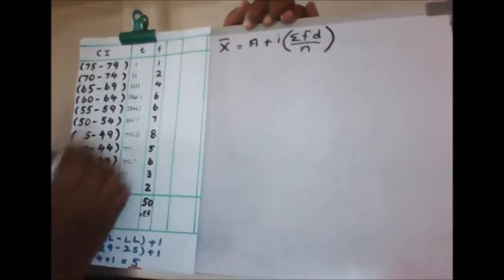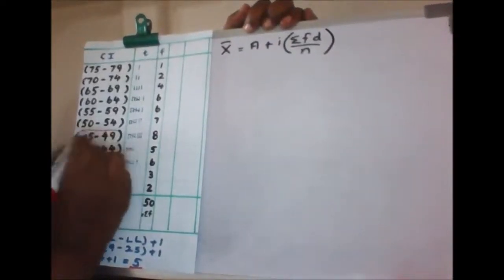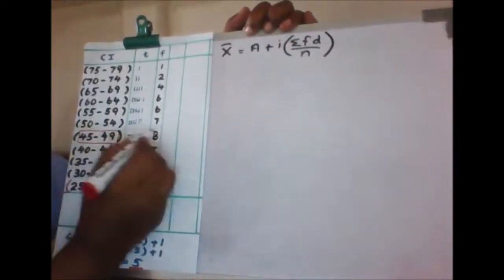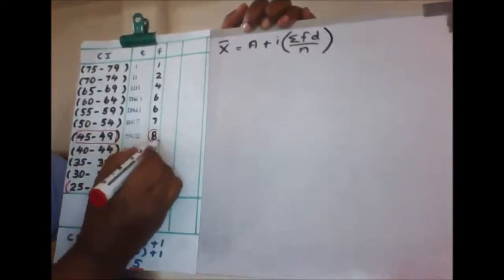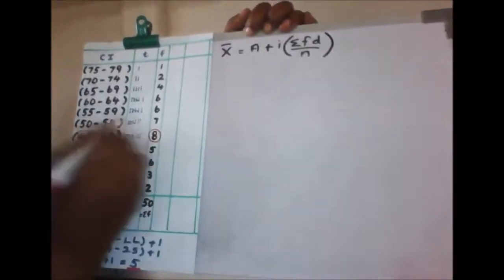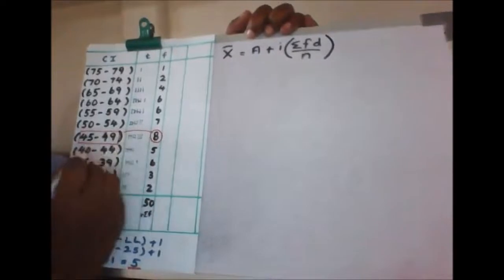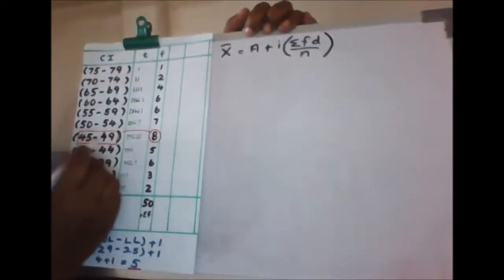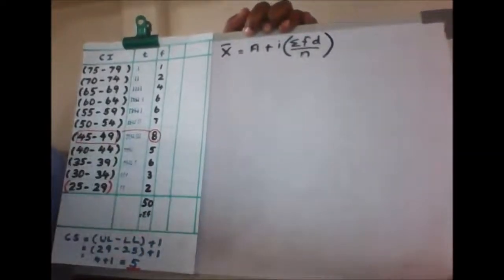Box this class and circle the relevant frequency. Now we have to get the midpoint of this class.